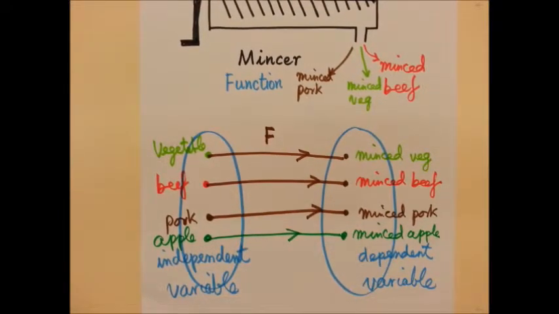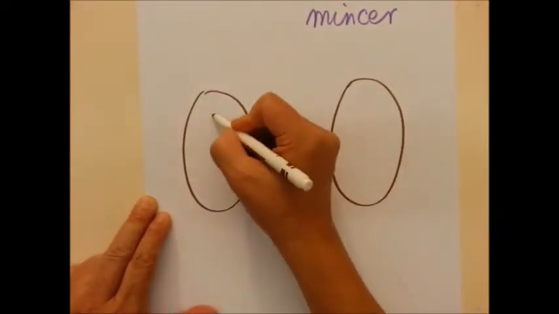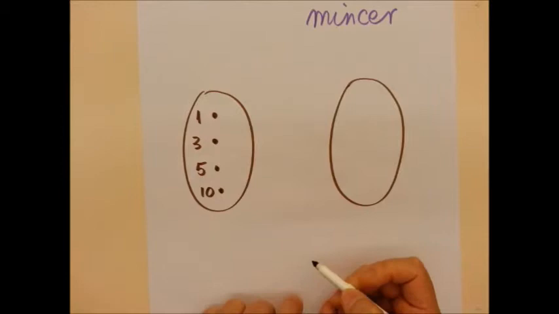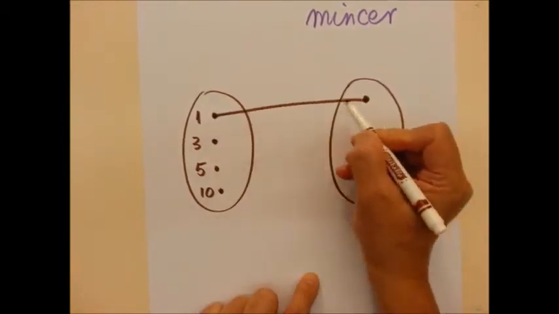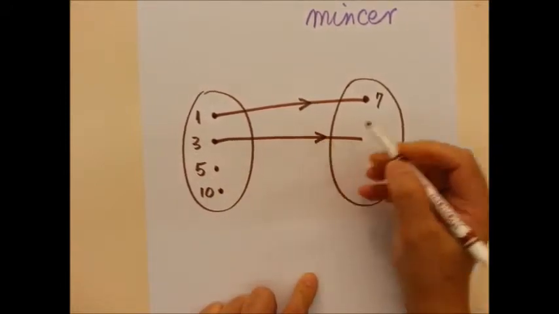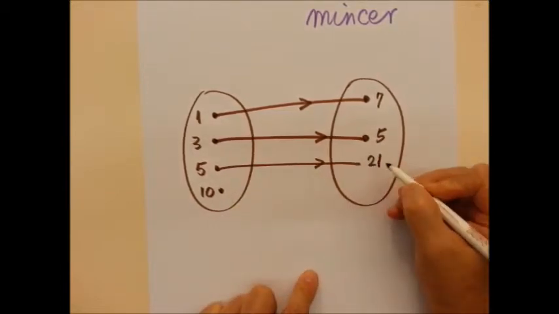Or I give you another example. We come back to this again. Now, I can say that the following is not a function. 1, 3, 5, and 10. And here, the 1 becomes 7, say. The 3 becomes 5, and the 5 becomes 21.